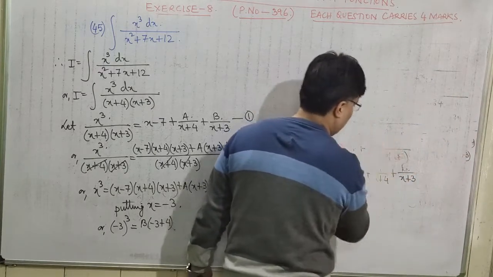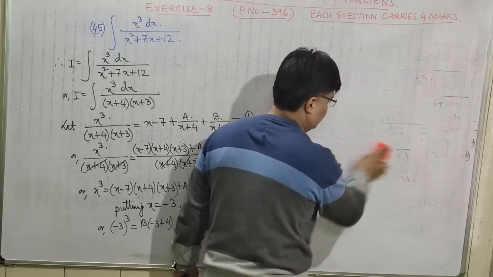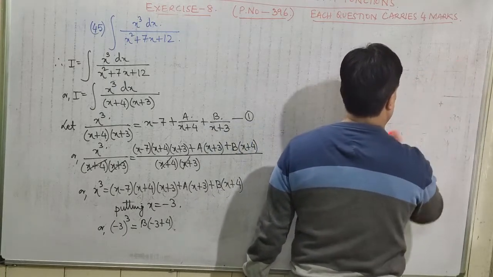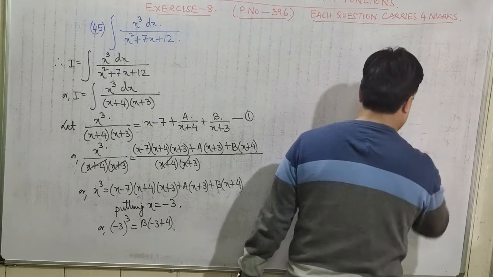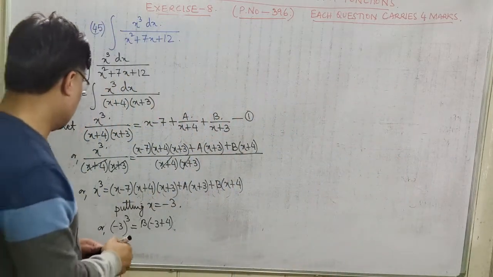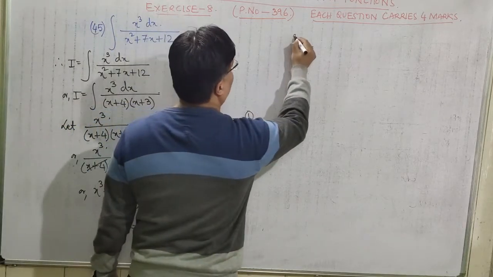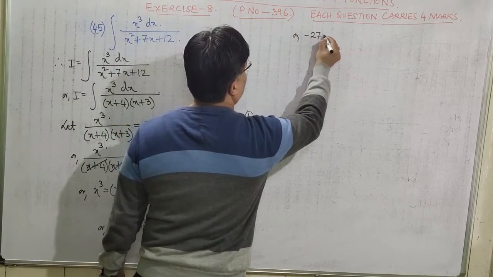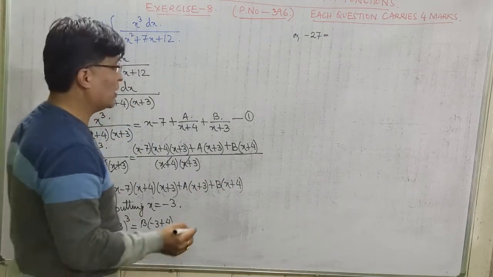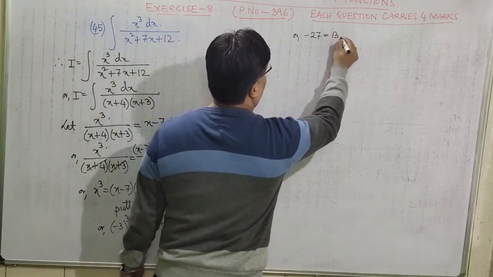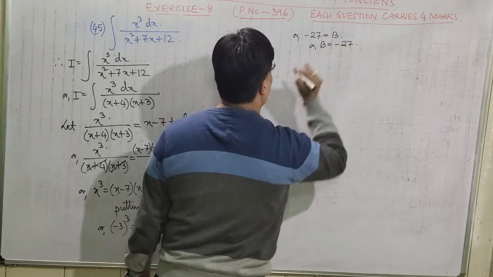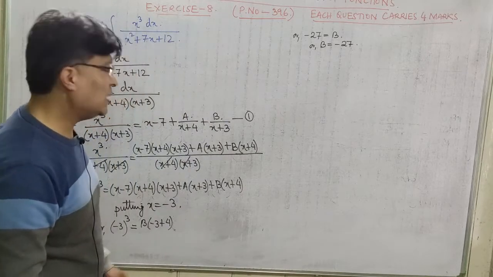So next, minus 3 whole cube, that is minus 27, you know that. Minus 3 whole cube is minus 27, which is equal to, plus 4 minus 3 is 1, so it is only B. That is, B is equal to minus 27.